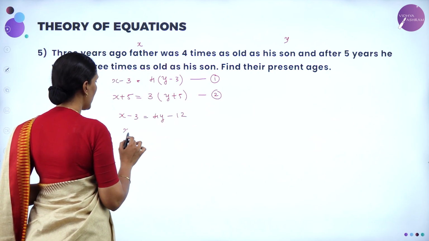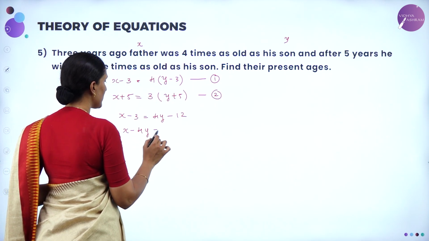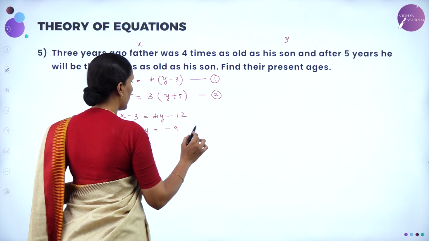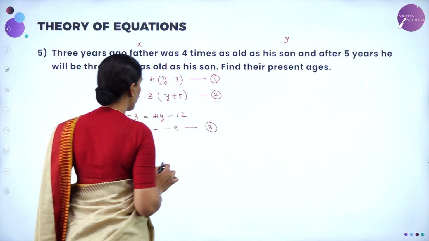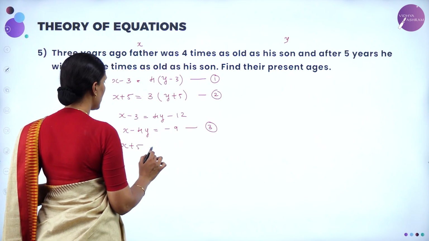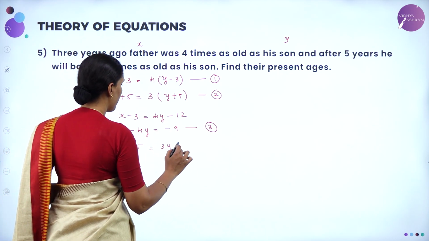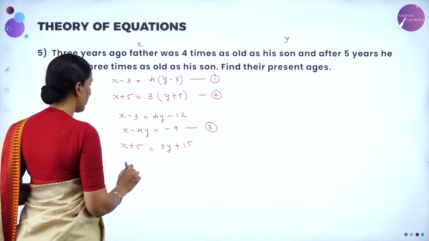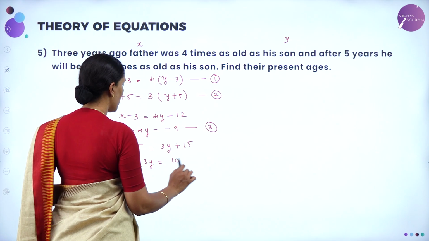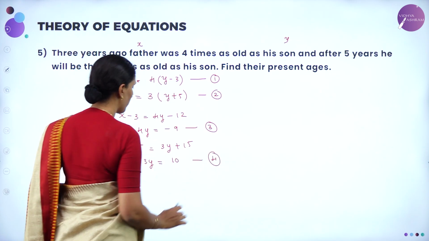Or we have x minus 4y is equal to minus 12 plus 3, which is minus 9. Let this be equation 3. Now x plus 5 is equal to 3y plus 15. So we have x minus 3y is equal to 10. Let this be equation 4.